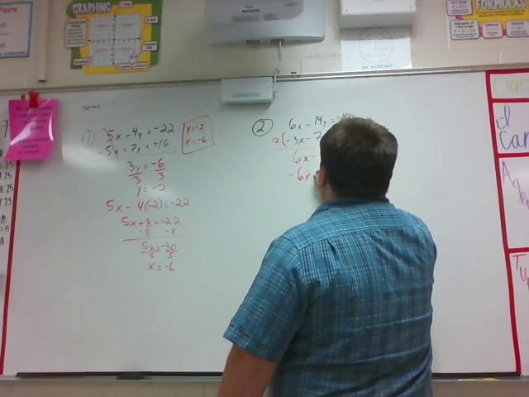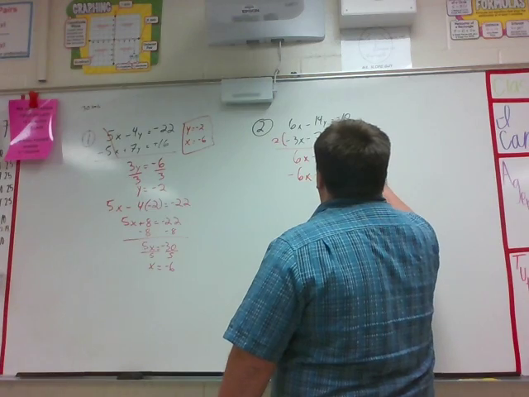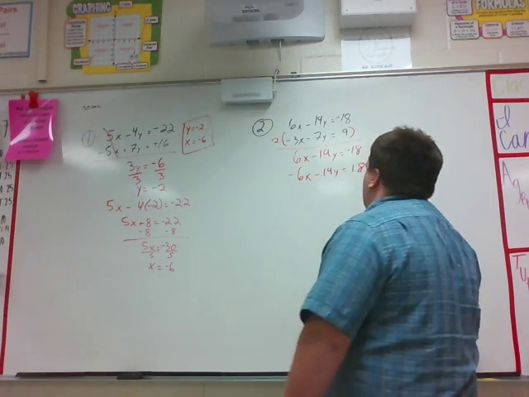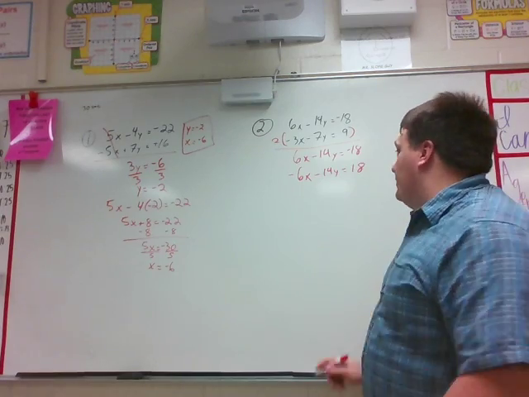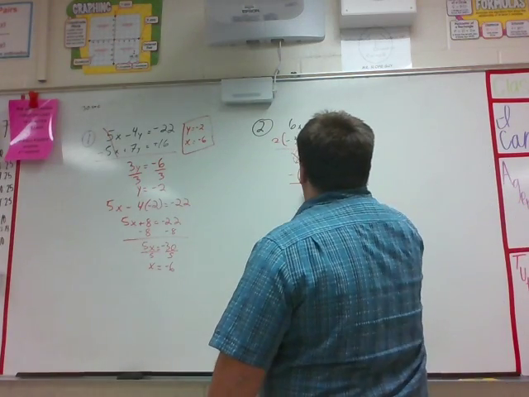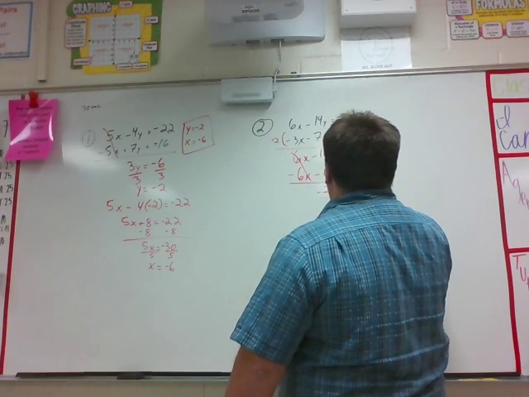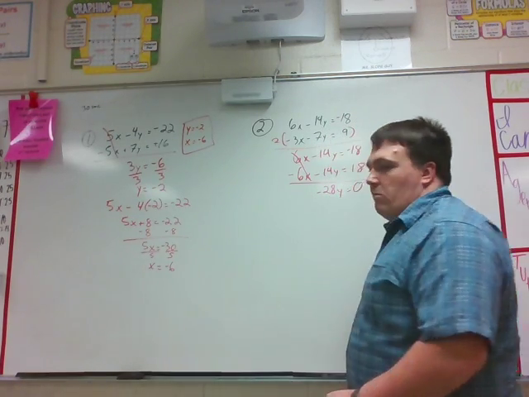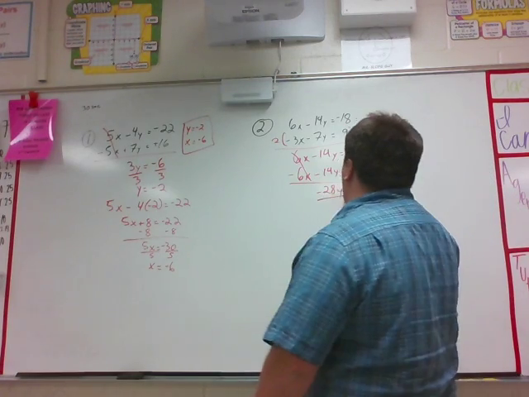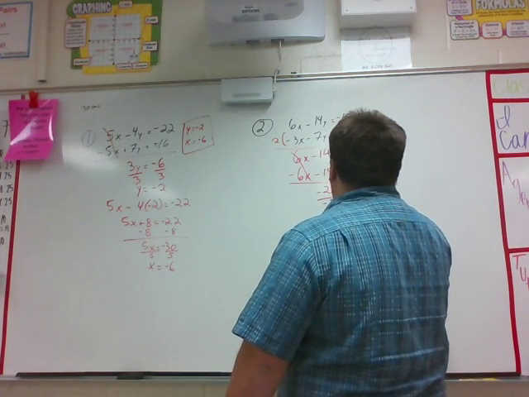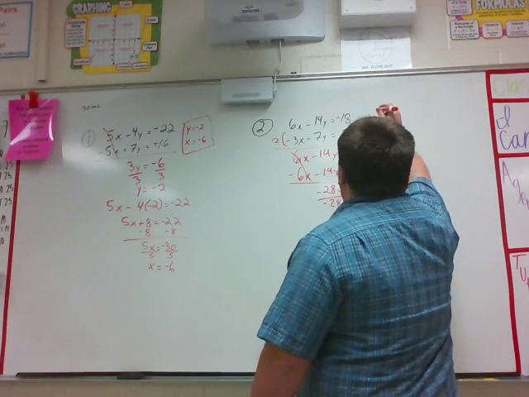We just distribute that, minus 14y equals 18. Now, we add down, we're actually going to eliminate two things. We eliminate the 6's, so we have negative 28y, and this actually eliminates, equals 0. Now, we know anything multiplied by 0 is 0, so when we divide, we get y equals 0.